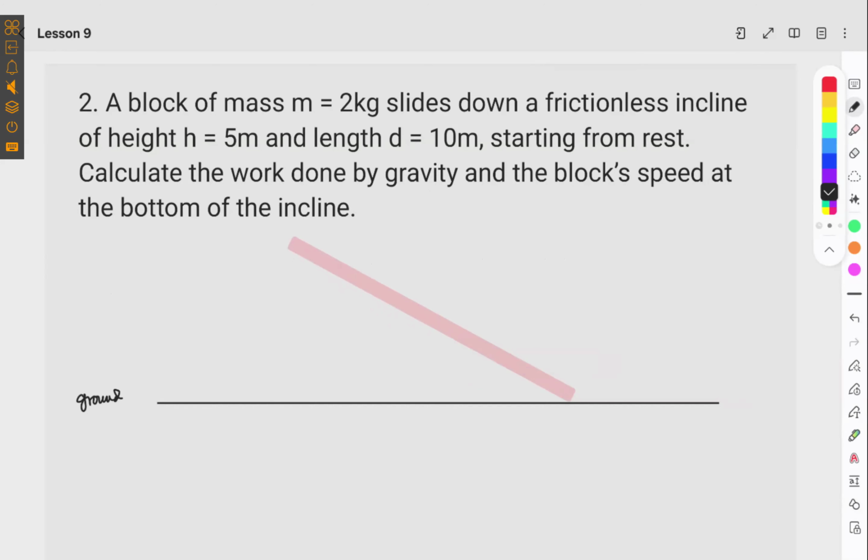A block of mass m, let's rotate it a little bit.